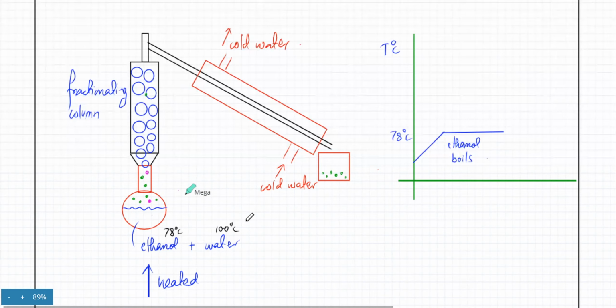When ethanol is condensing, you don't want these particles over here, the pink ones, to reach the other side. This particle would also bump and might reach the other side. You don't want the water molecules to be over here because you're trying to separate them.